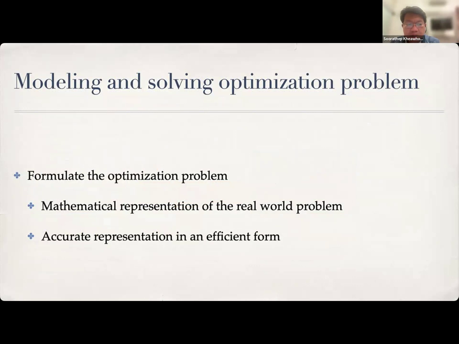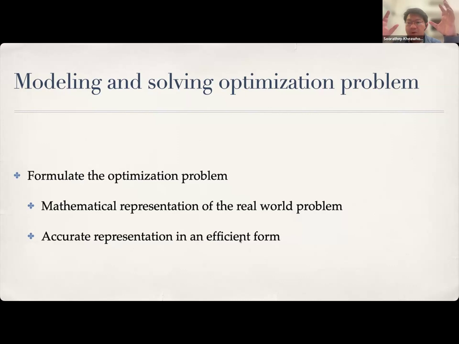So formulating the optimization problem includes mathematical representation of the real world problem. And what we need is accurate representation in an efficient form. We have 2 things to consider. The first one is accurate representation, and the second thing is it must be in efficient form.